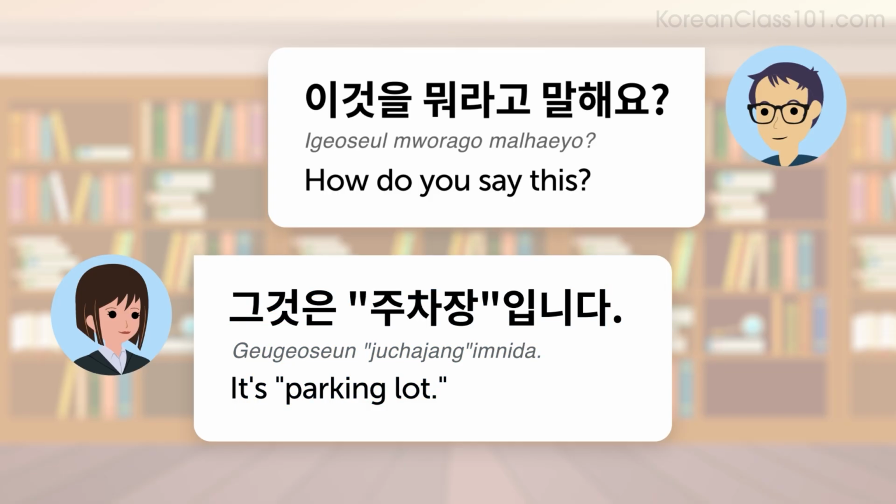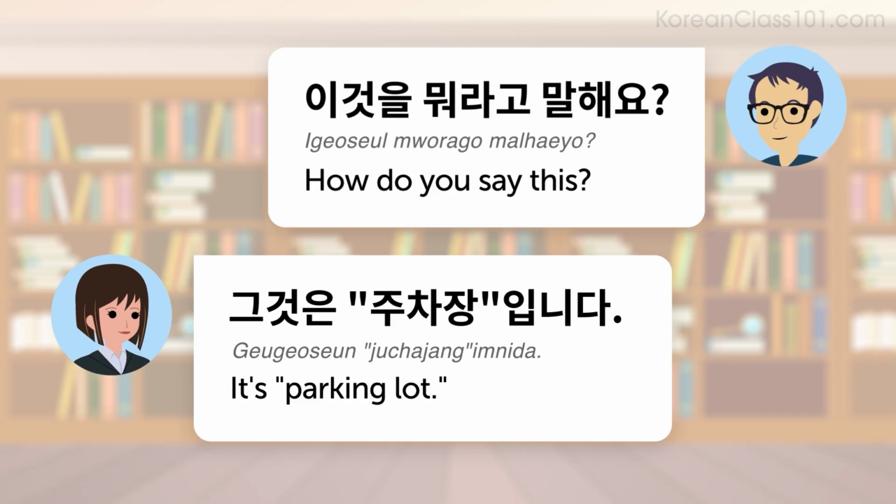First of all, you'll need to learn how to say, how do you say this? That's, 이것을 뭐라고 말해요? This Korean sentence literally translates into, this how say? But it means, how do you say this in English?